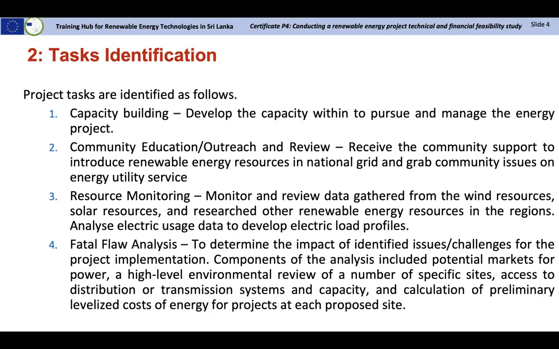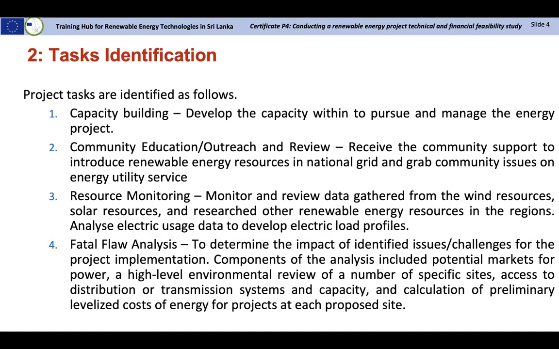Monitor and review data gathered from whatever renewable energy source we have in the region, and analyzing the electric usage data to develop the electric load profiles is very important, so that it helps us to determine the capacity of the power plant. And fatal flaw analysis, that is to determine the impact of identified issues or challenges for the project implementation.